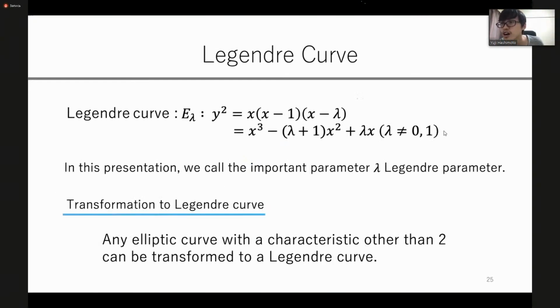Legendre curves are of this form. Here, lambda is not equal to 0 or 1. In this presentation, we call this important parameter lambda the Legendre parameter. Any elliptic curve with characteristic other than 2 can be transformed to a Legendre curve.